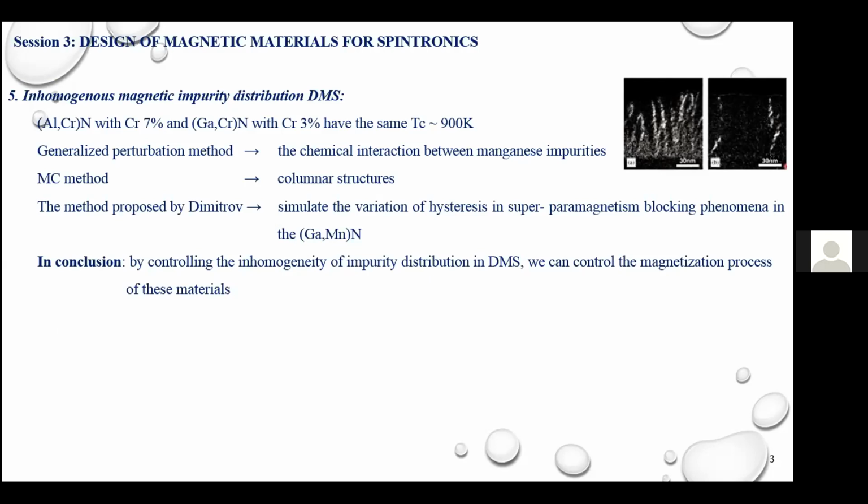Finally, we use the method proposed by Dimitrov to simulate the variation of hysteresis in superparamagnetism phenomena in gallium manganese nitride. In conclusion, by controlling the inhomogeneity of impurity distribution in EMS, we can control the magnetization process in the materials.